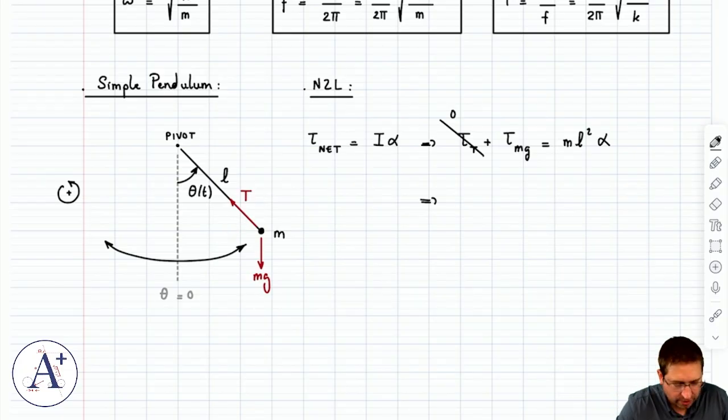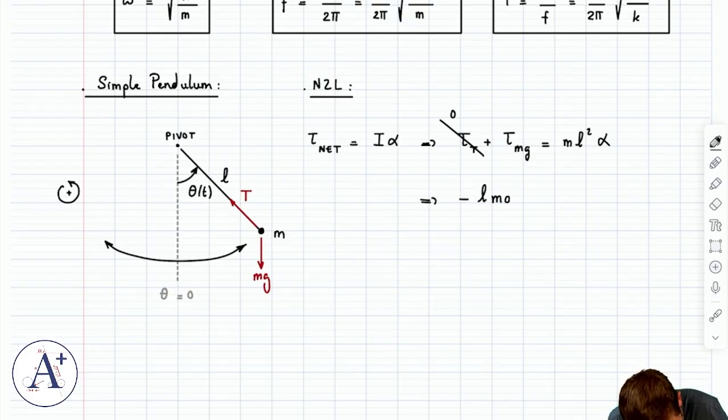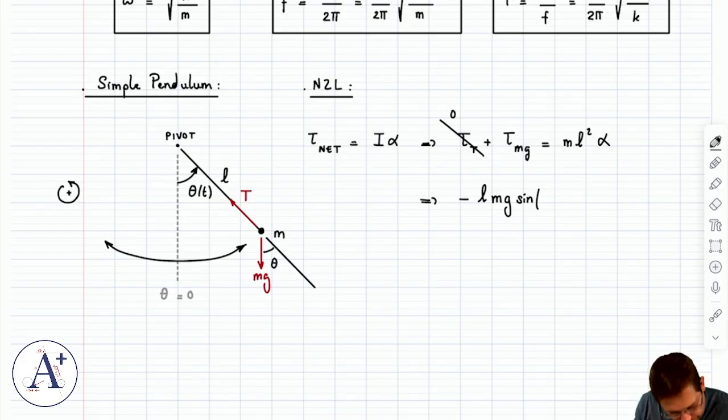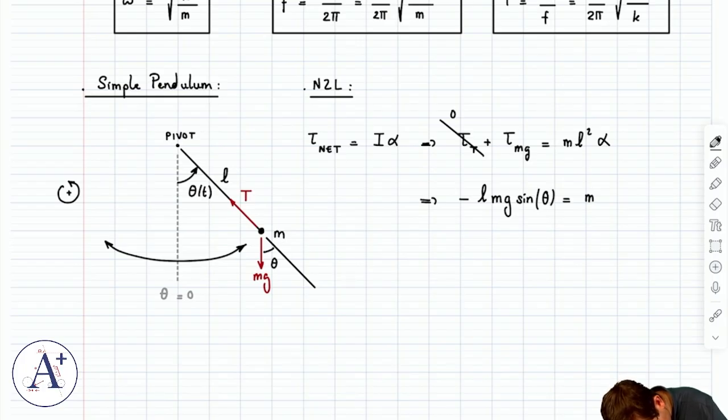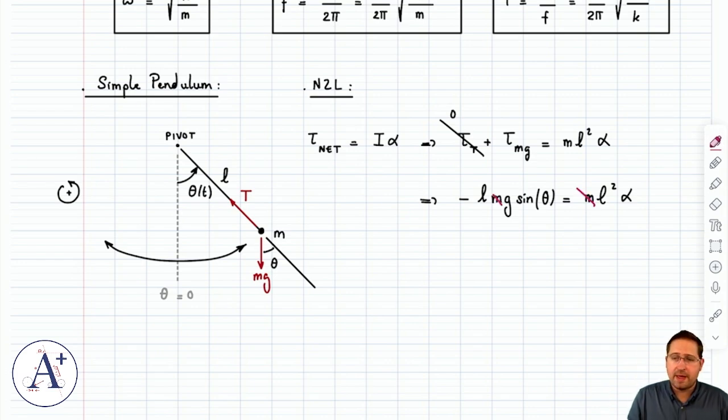It tries to swing the rod clockwise, and clockwise is negative. The distance is L, times mg, times the sine of the angle between L and mg, which turns out to be this angle here, which is also theta, is equal to mL squared alpha. Now, interestingly enough, m goes away.